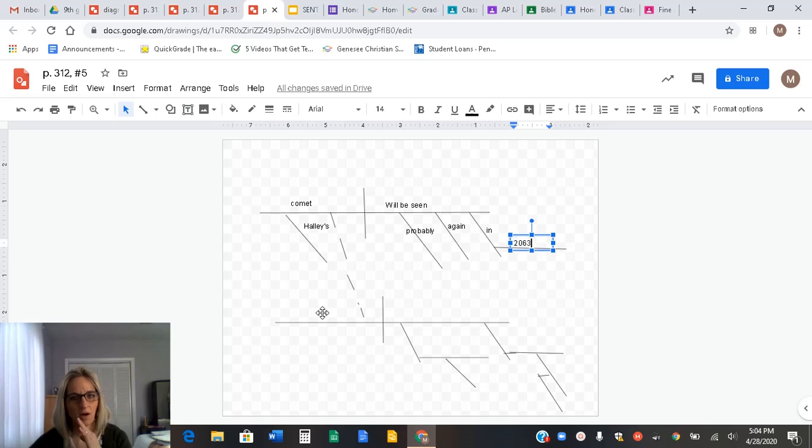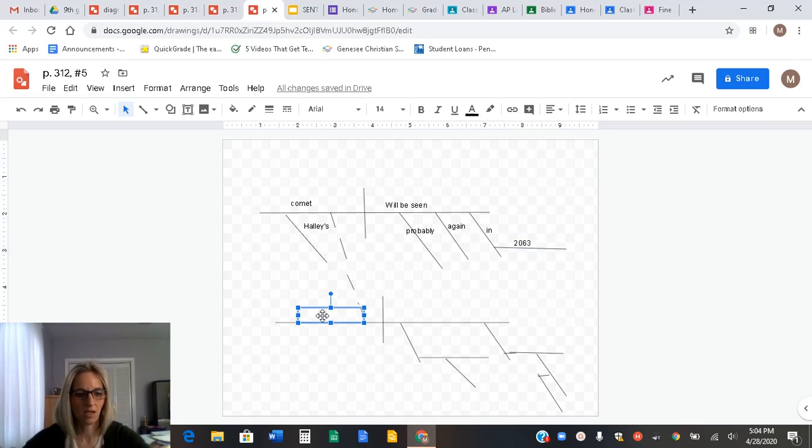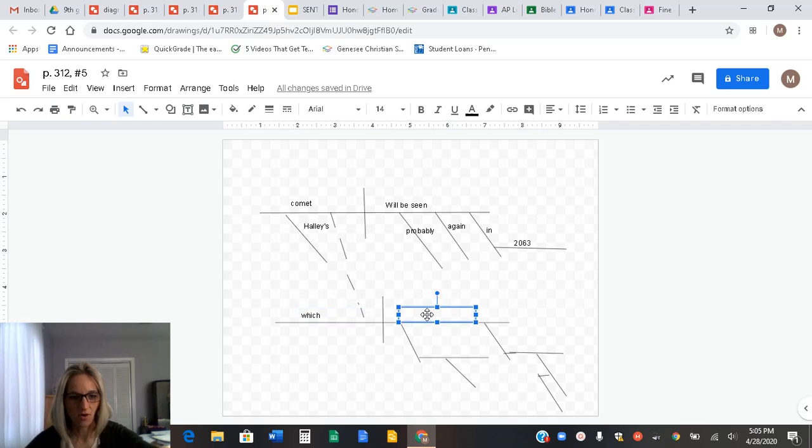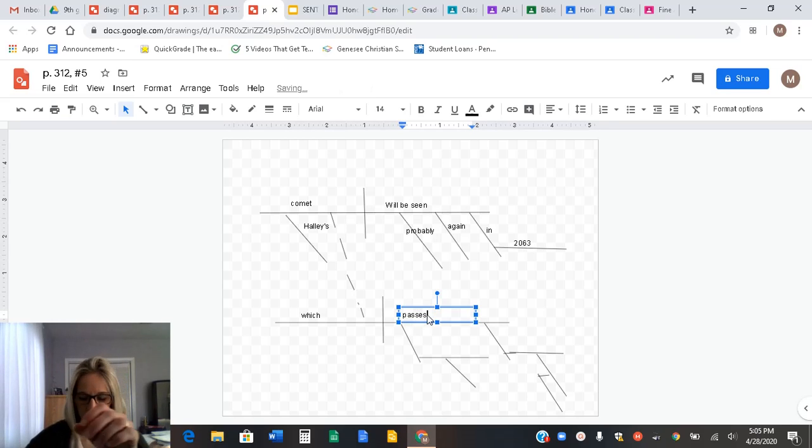All right, now let's look down here. Let's diagram our dependent clause. What is the subject of my dependent clause? Good. Which is my relative pronoun. Now, this is an adjective clause, because it's describing Halley's Comet. Which is my subject. What is my verb? Which passes. All right, now what's going here?